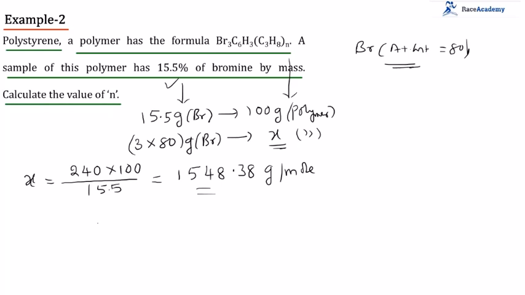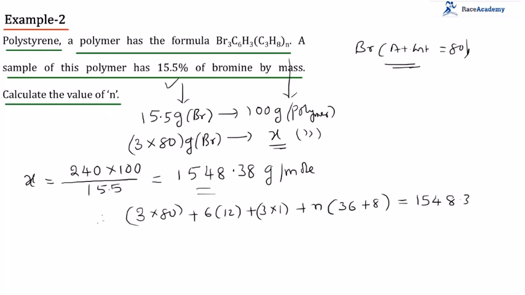Therefore, according to the formula we can write 3 into bromine 80, plus 6 into carbon 12, plus 3 into hydrogen 1, plus n into (3 carbons of 12, so 36, plus 8 hydrogens, that is 8). This is equal to 1548.38.